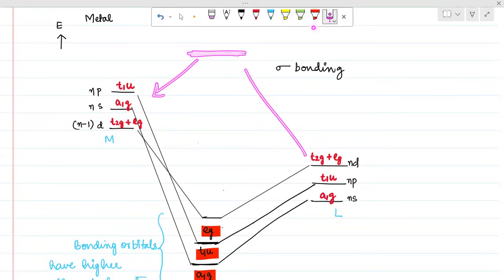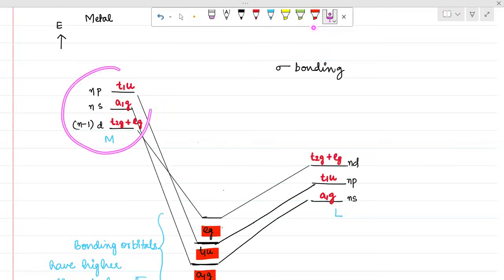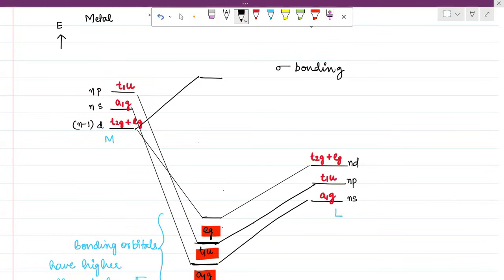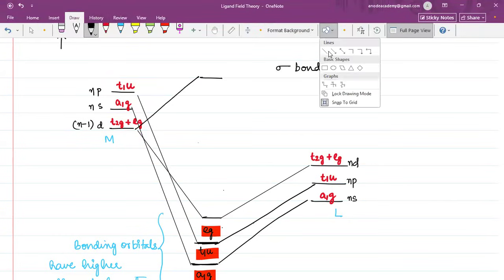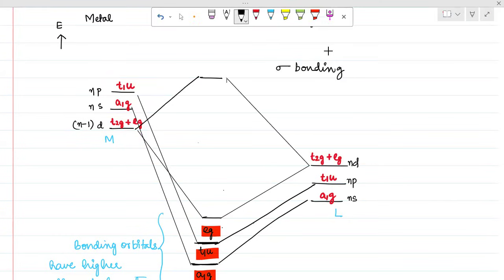So the order will be that of the metal. What is the order? See who's the lowest? Eg. So now you have Eg star over here.